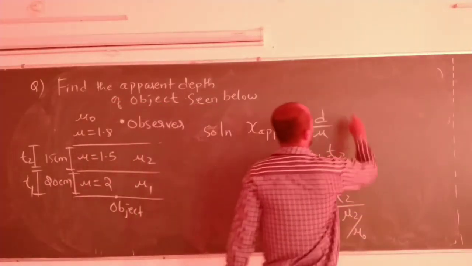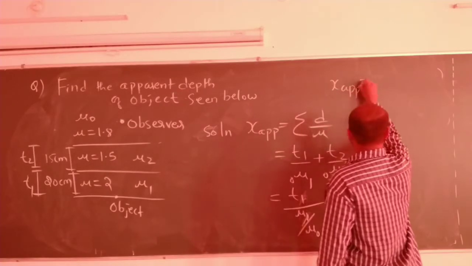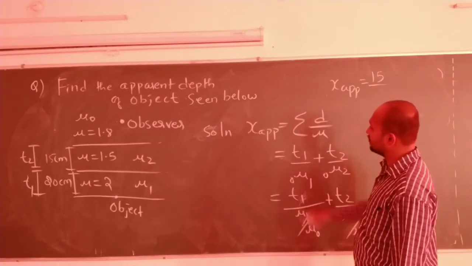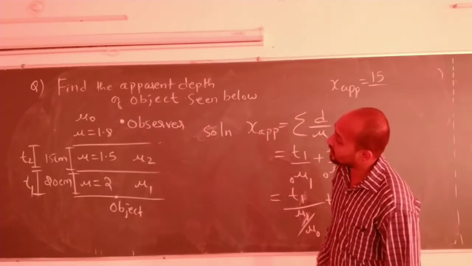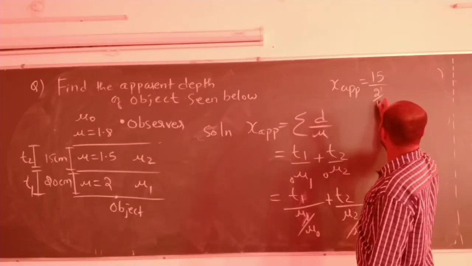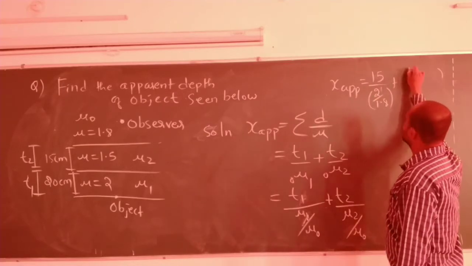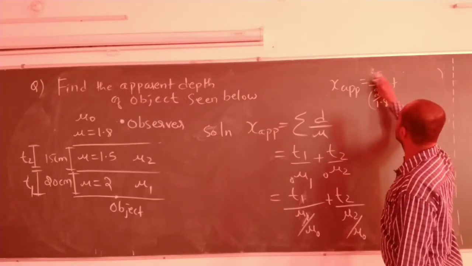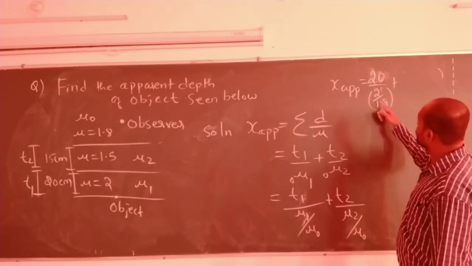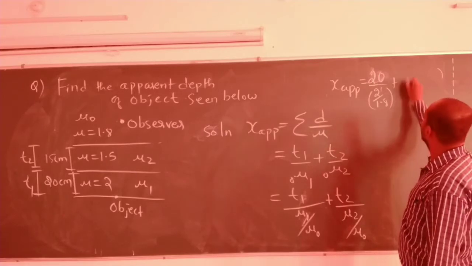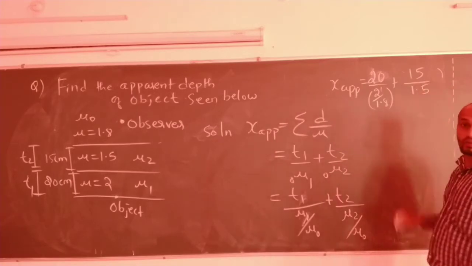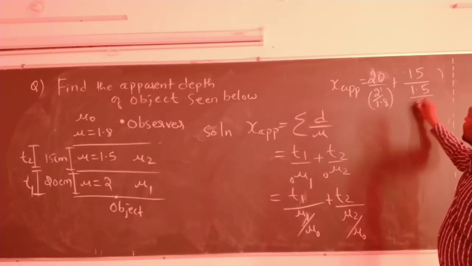Solve for this. So x apparent will be equal to how much? T1 is 20 centimeter, not 15. So 20 divided by 2 divided by 1.8, then plus 15 divided by 1.5 divided by 1.8.